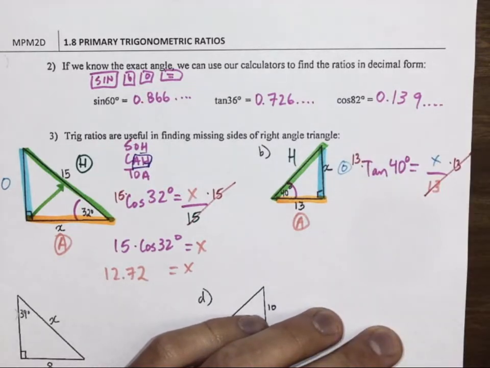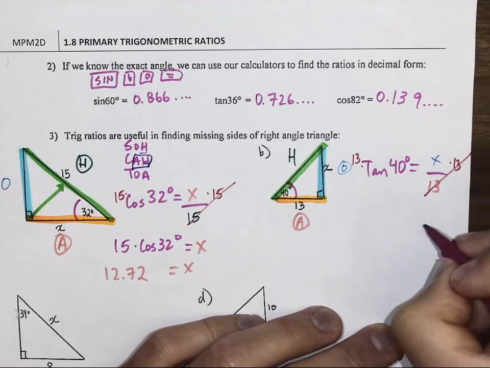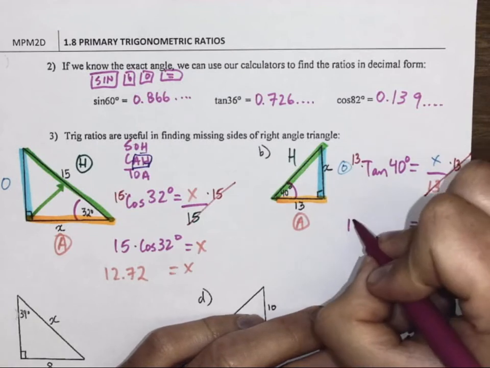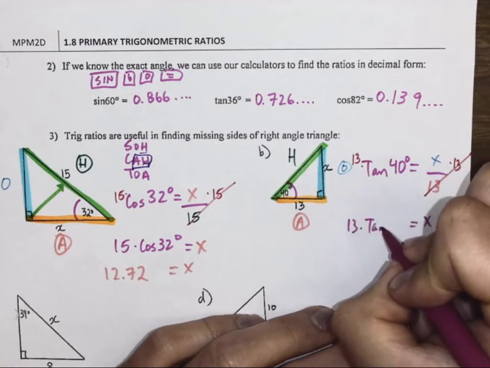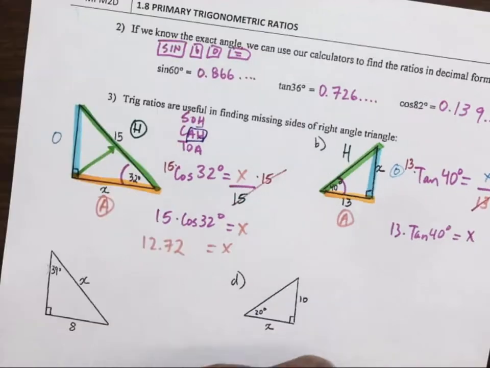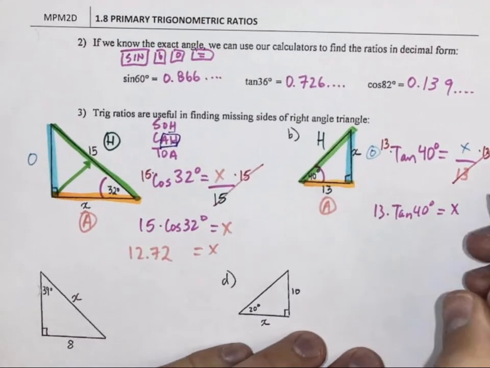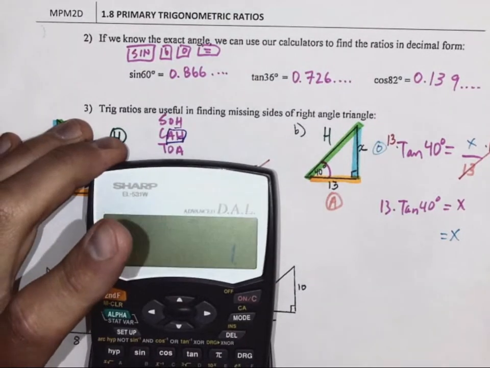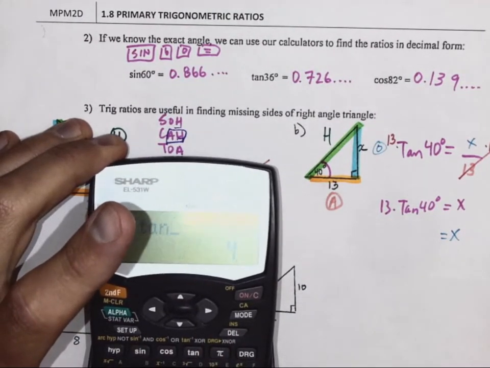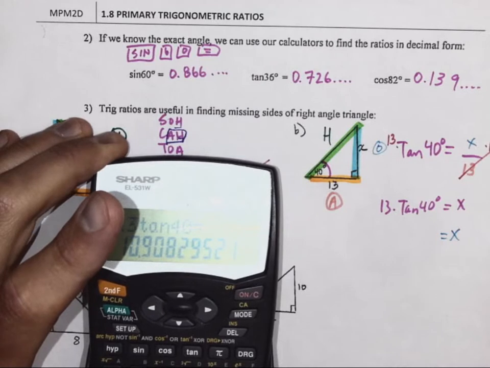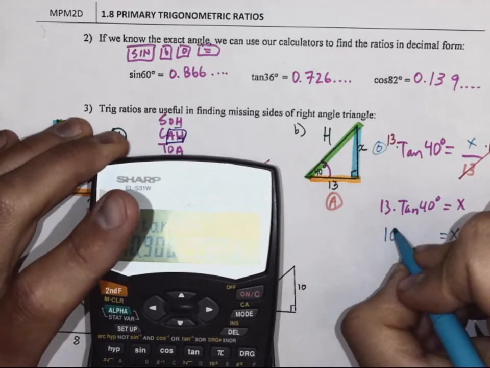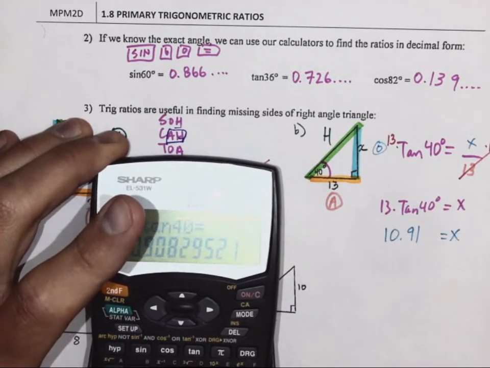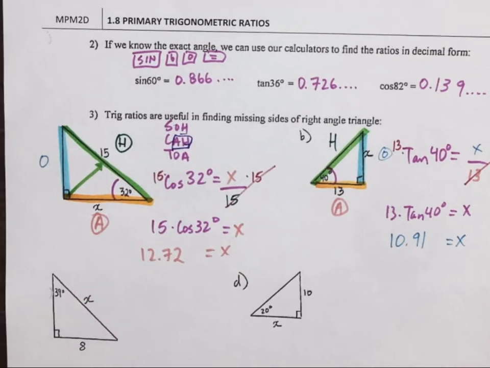I would now have my answer. I could enter that in the calculator. I'm just going to rewrite it so that you can see 13 times tan of 40 degrees. When I enter that in the calculator, 13 tan 40 is 10.908. So 10.91. Again, if we had units, we add them.